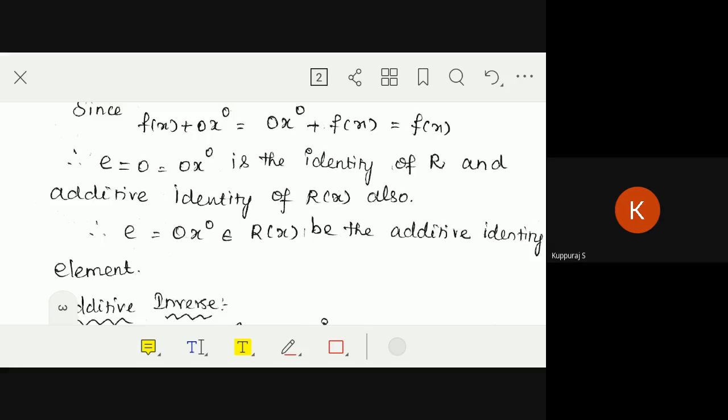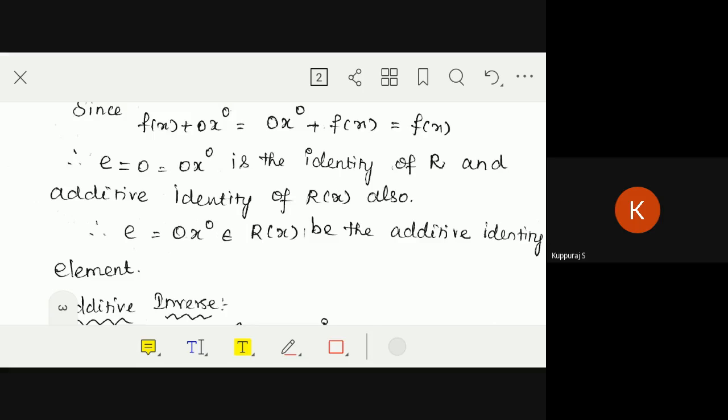That is the identity, because we know that in a ring, in general, 0 is the additive identity. But when we define a polynomial, we take one polynomial f of x and we need to get f of x again.